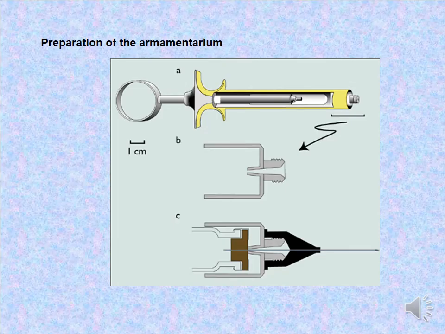How to prepare the armamentarium, how we can use the dental syringe, needle, and the cartridge. First, we open the syringe by using the thumb ring and the finger ring, pulling the piston outside of the barrel, and insert the cartridge within the barrel until it stops at the end of the syringe, and close it.